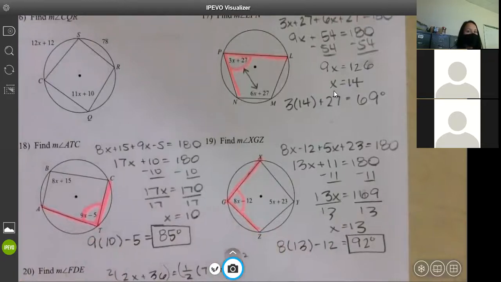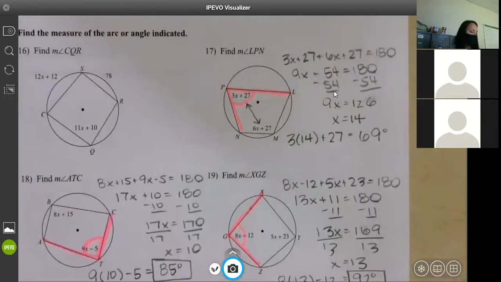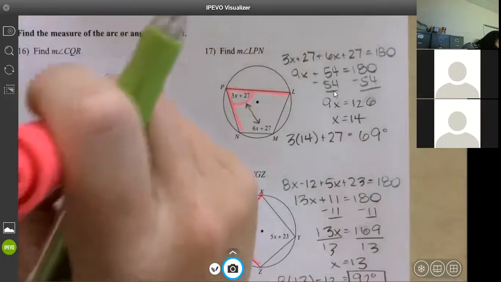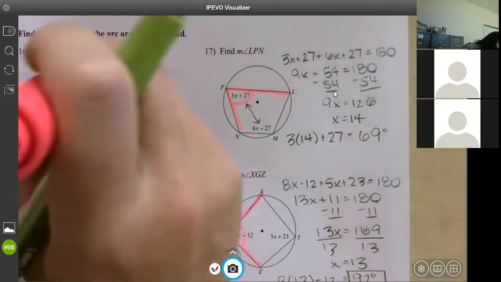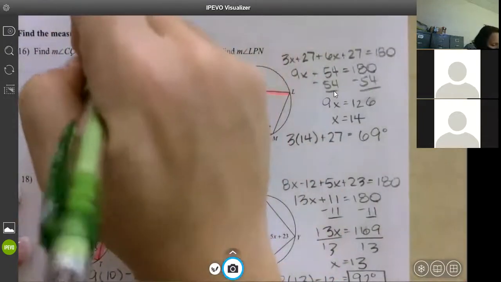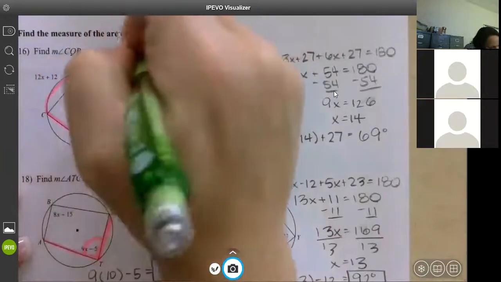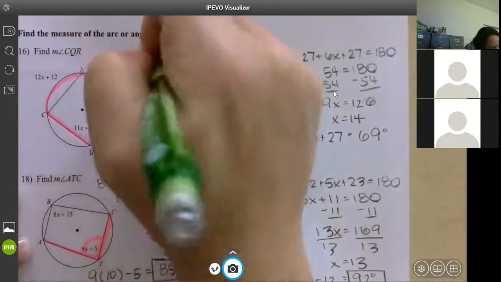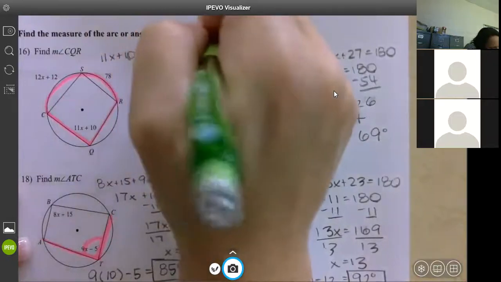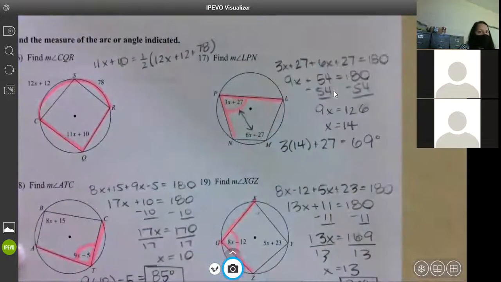All right. So on the next one, we don't have inside angles. Remember though that the angle equals half the arc. So we just have to add that arc together. So the angle, 11x plus 10, equals half of the arc. To find the total arc, we add it all together.